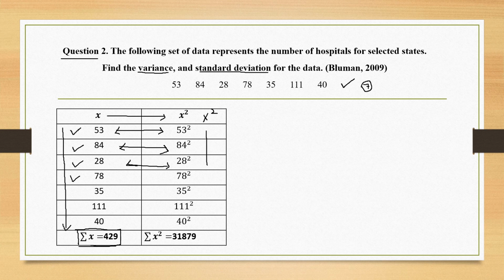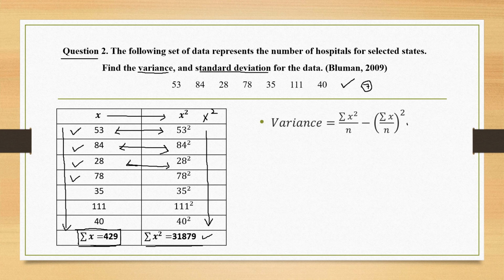In the second column, we sum all the x squared values: 53 squared plus 84 squared, and so on. At the end, the sum of x squared is equal to 31,879.